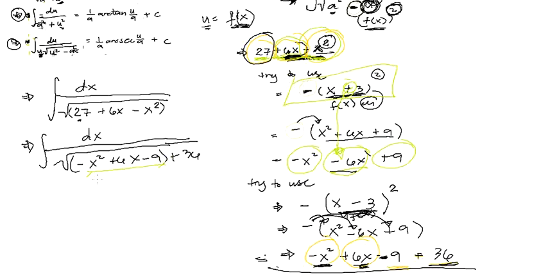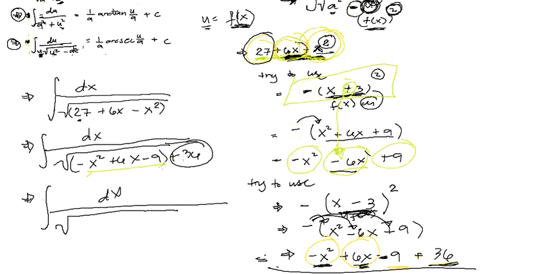Okay, so we can further simplify this as the square root of 36 minus x plus 3 squared. Did you follow?